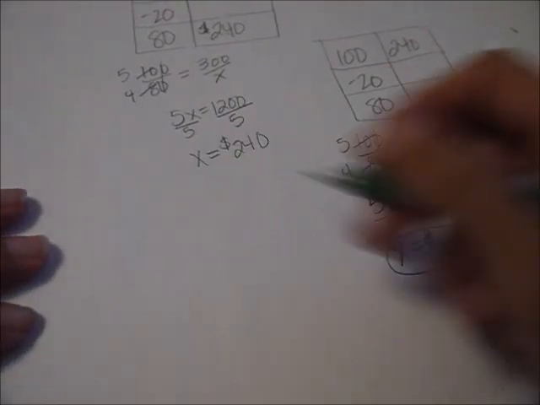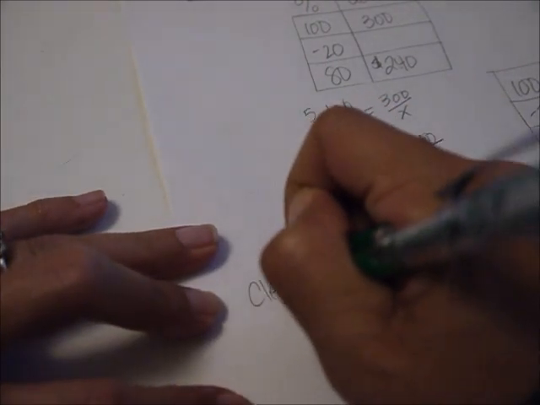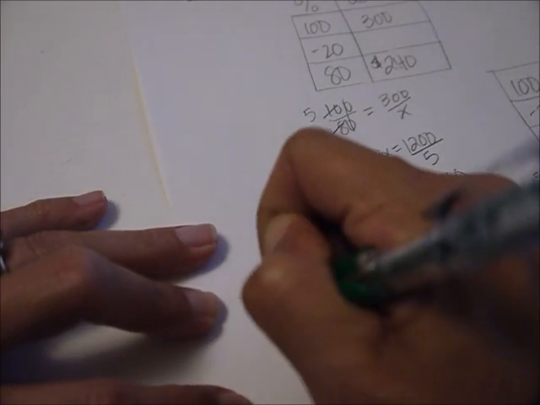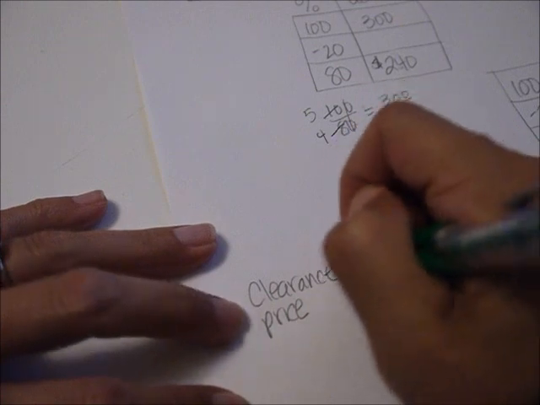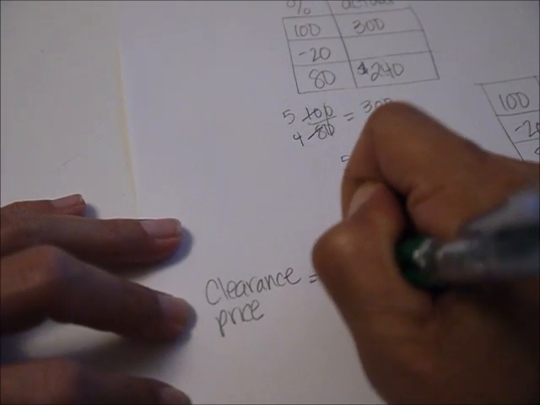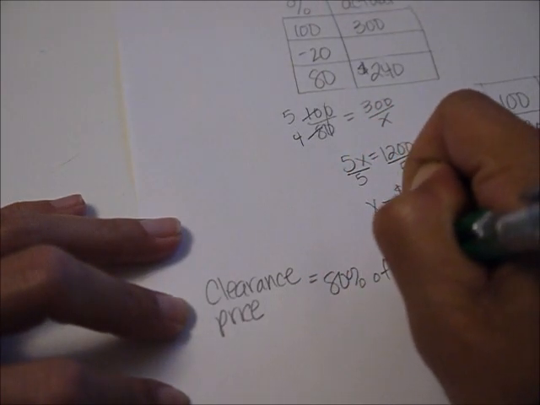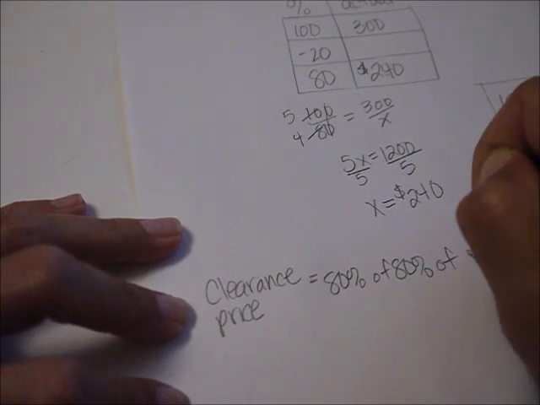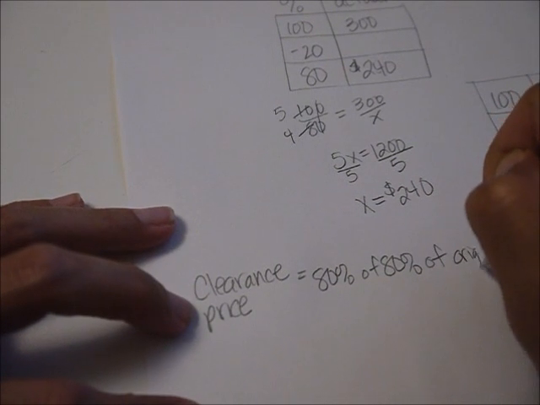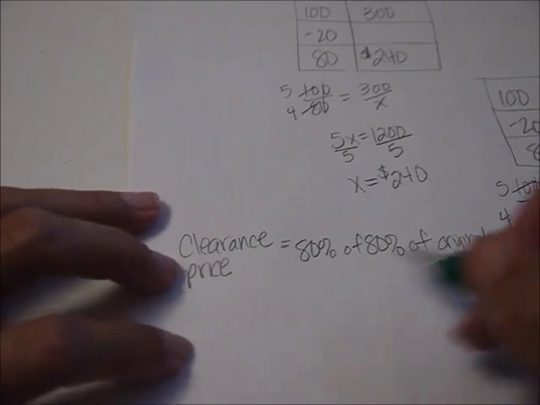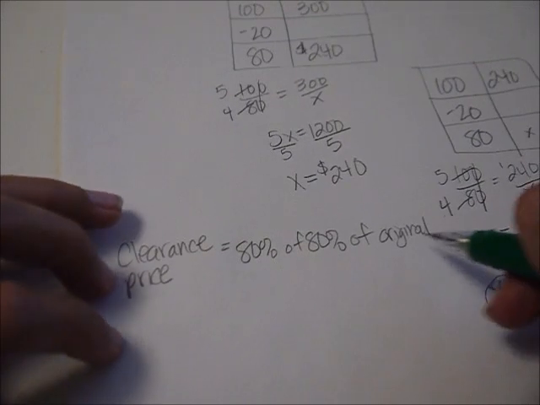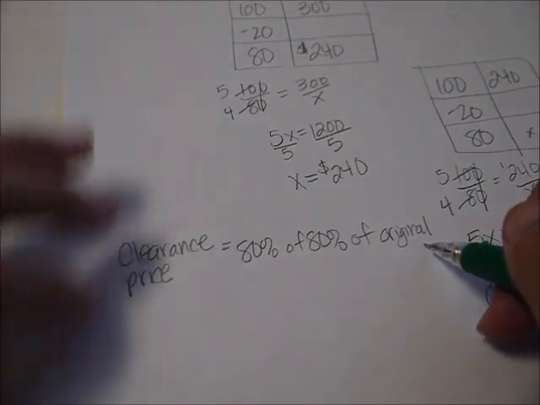I want you to see what else you can do though. You can also say clearance price equals 80% of 80% of the original. The original when it started was $300.